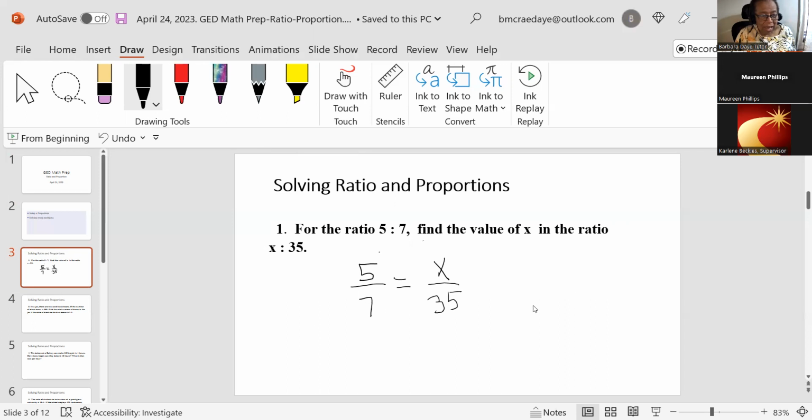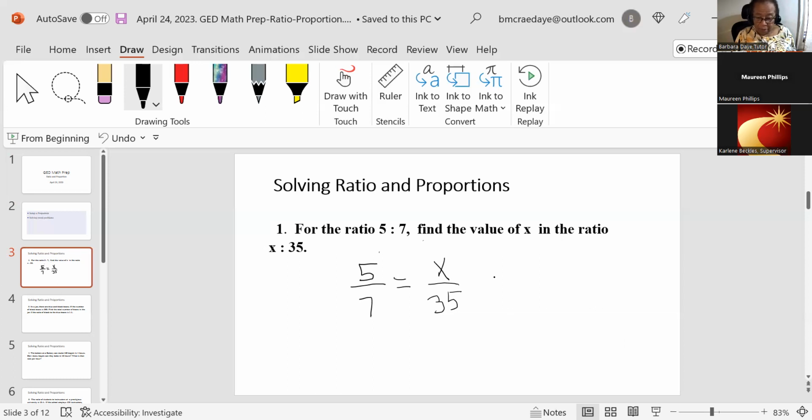But you could see this, Maureen. 7 times 5 is 35. 5 times 5 is 25. So you can really get it without multiplying out, because 7 times 5 is 35. Then you multiply 5 by the same 5 and you get 25. Or you could cross multiply.